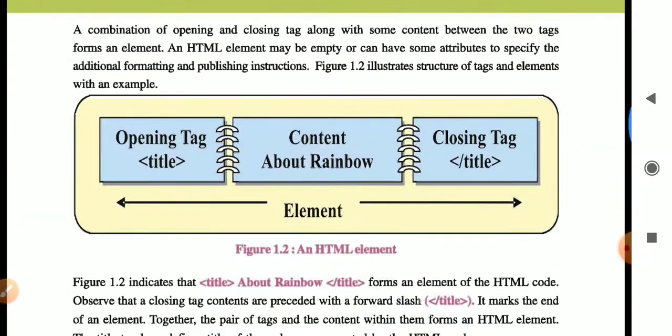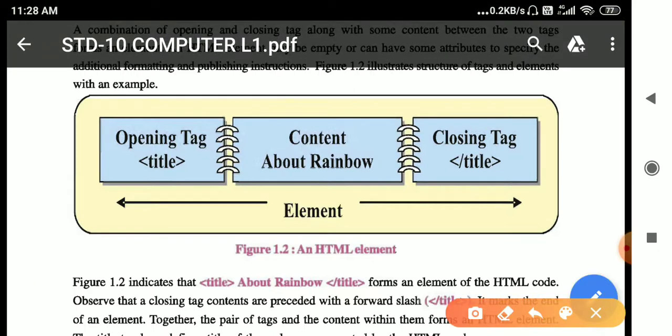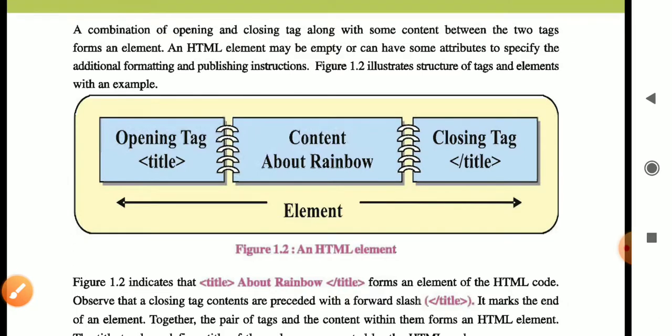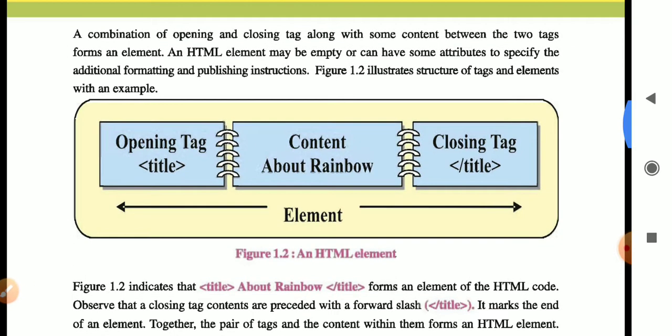Now here they are talking about tags. A combination of opening and closing tags along with some content between the two tags forms an element. So it forms an element. Then an HTML element may be empty or can have some attributes to specify.